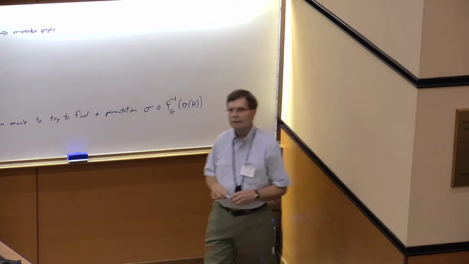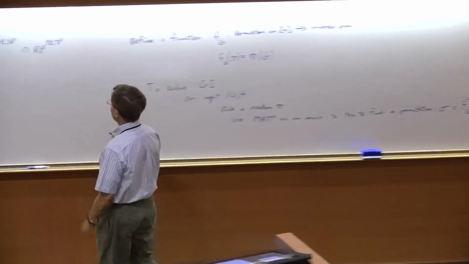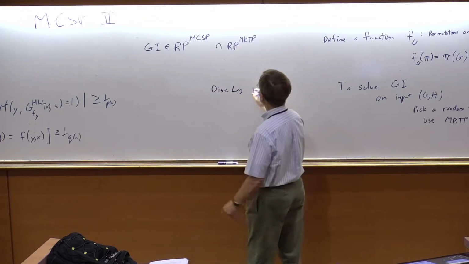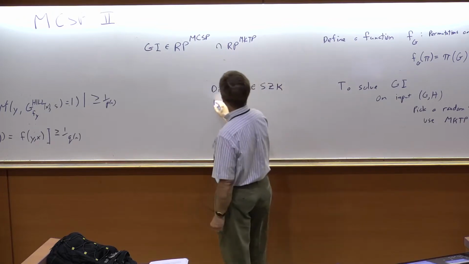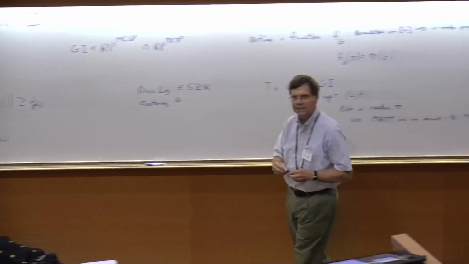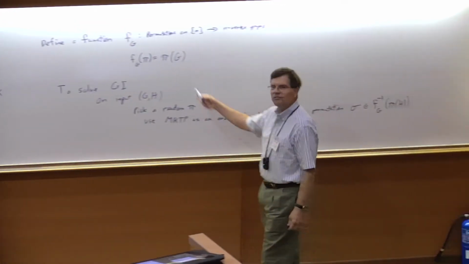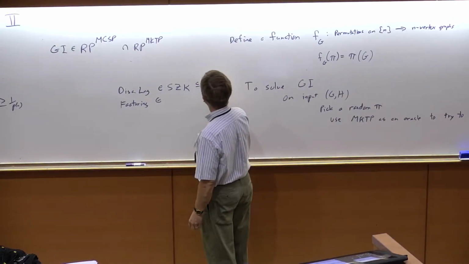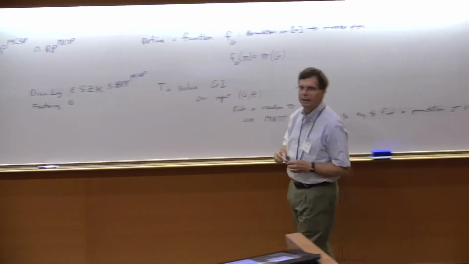Well, what happens if you apply this to things that we think are one way, like say discrete logarithm, things like that? Well, discrete log, if you view it as a function properly, lies in the complexity class SZK, and factoring also lies in this complexity class SZK, and an argument fairly similar to this shows that SZK is contained in BPP to the MCSP or BPP to the MKTP.